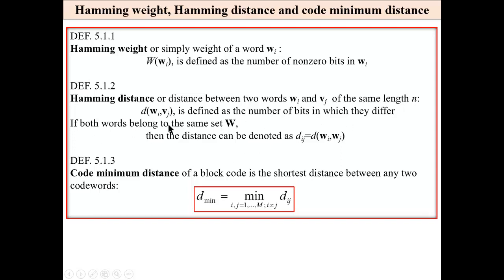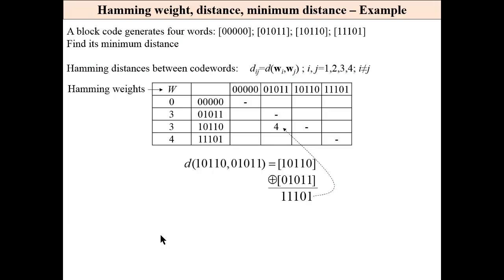If both words belong to the same set, for example the set of code words, then we will use the notation d sub ij. And finally, the code minimum distance is the minimum over all Hamming distances of the given code and designates the code's ability to correct and detect errors. It will be discussed later on.